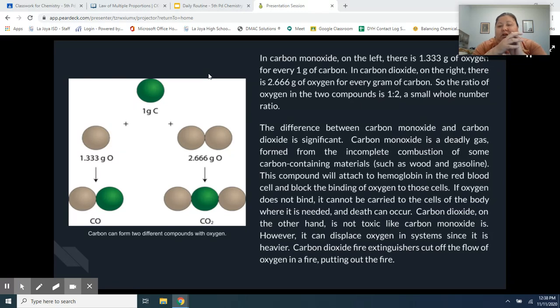The difference between carbon monoxide and carbon dioxide, we know the ratio is 1 to 2, but their properties are very, very different. Carbon monoxide is a very deadly gas that forms when a combustion reaction doesn't complete, and you have carbon containing materials like wood and gasoline.